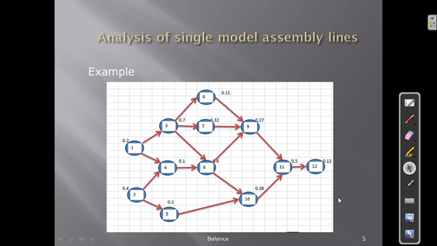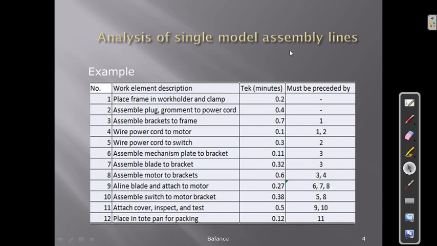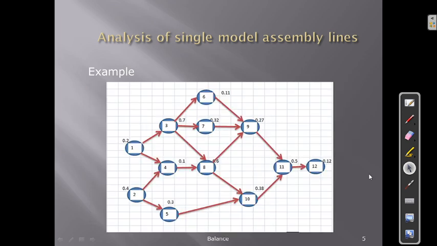Then we go to work element 6, which is preceded by 3, and 7 is also preceded by 3, and 8 is preceded by 3 comma 4. So we draw like this. 6 has only one predecessor and 7 also has only one predecessor.